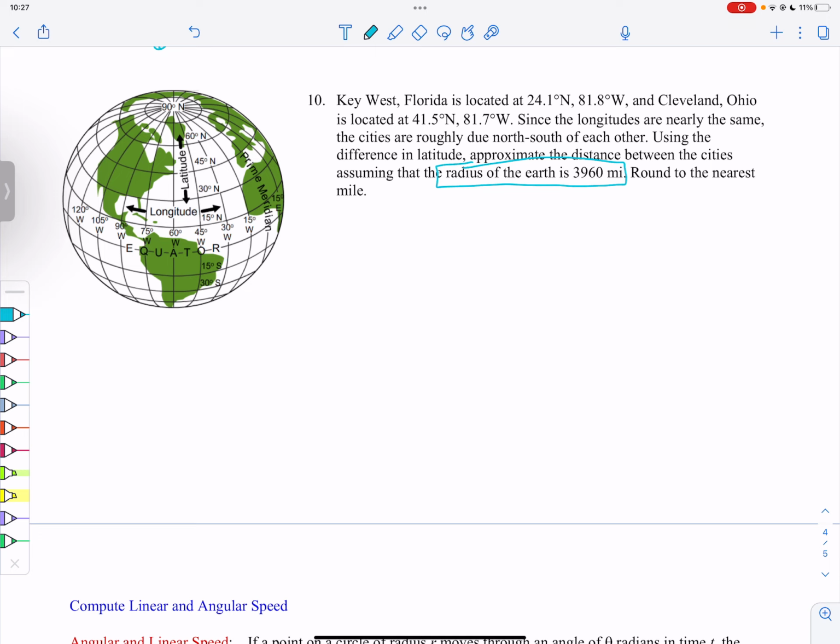Okay, so how are we going to look at this? Let's go ahead and write Key West down. And that's 24.1 degrees north, and we have 81.8 degrees west.